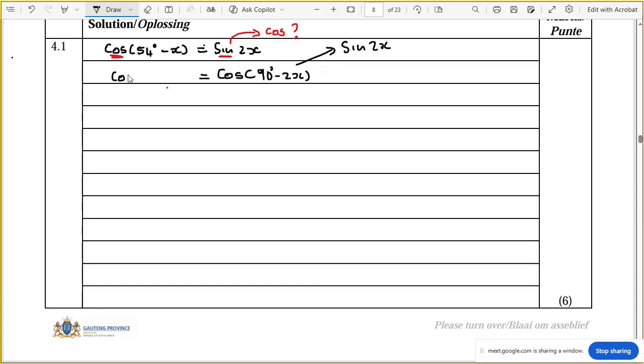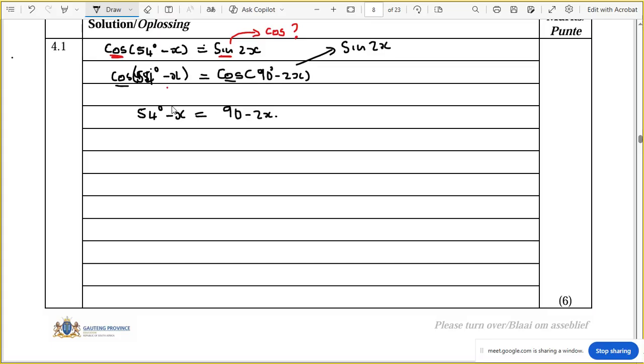So this is the cos of 54 degrees minus x. Since it's cos, you drop the cos, then you're left with 54 minus x equal to 90 minus 2x.